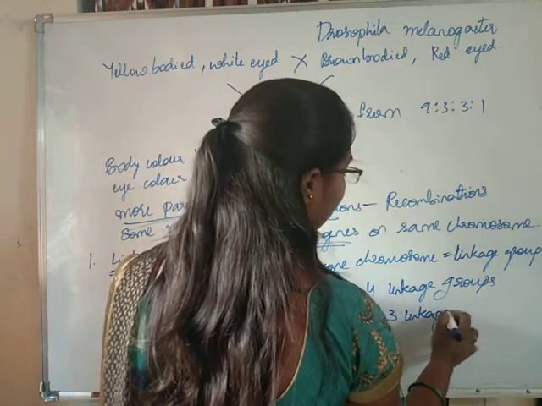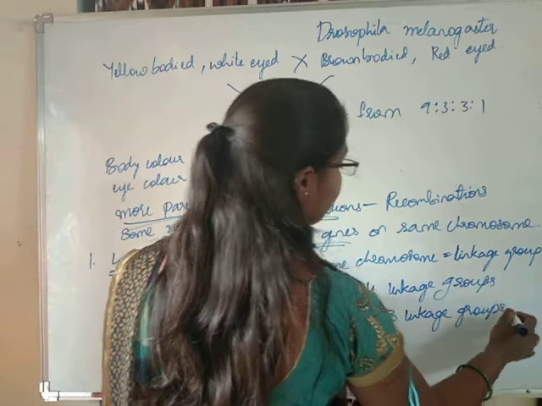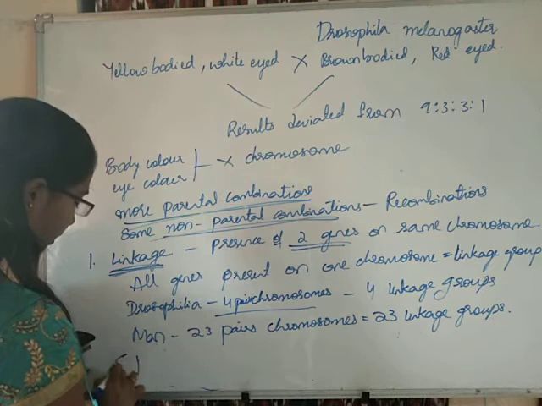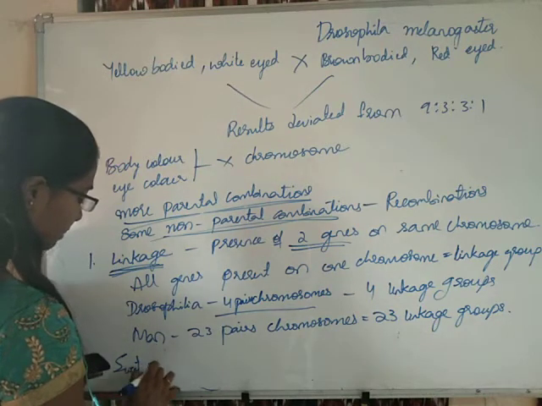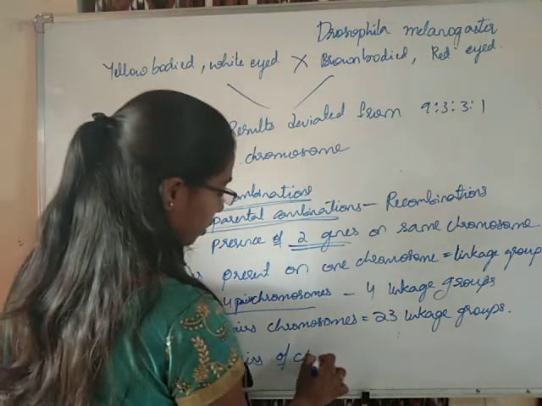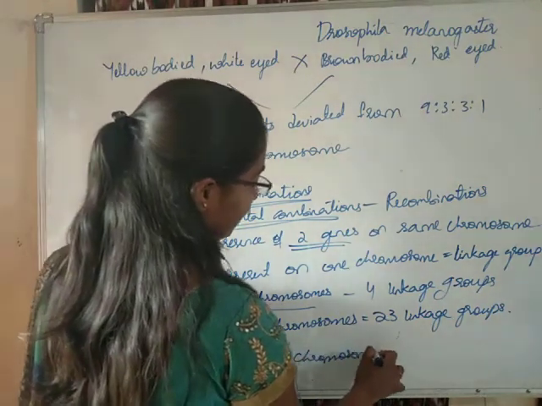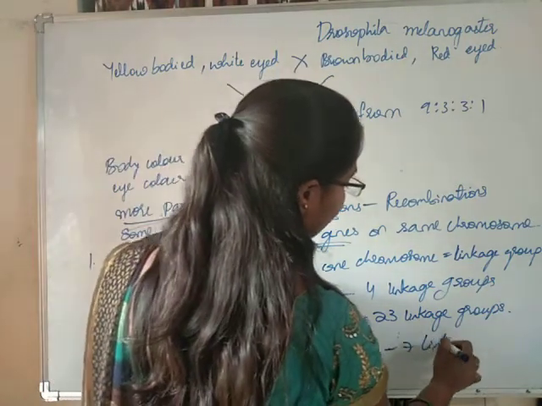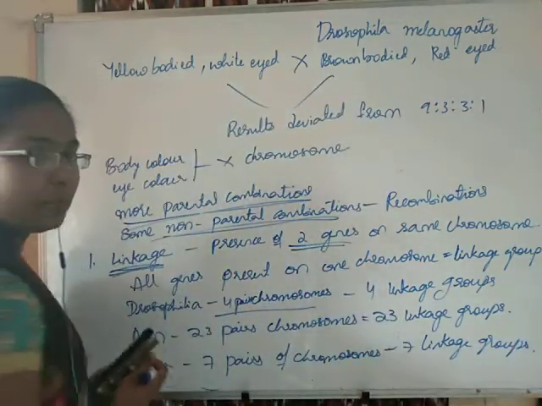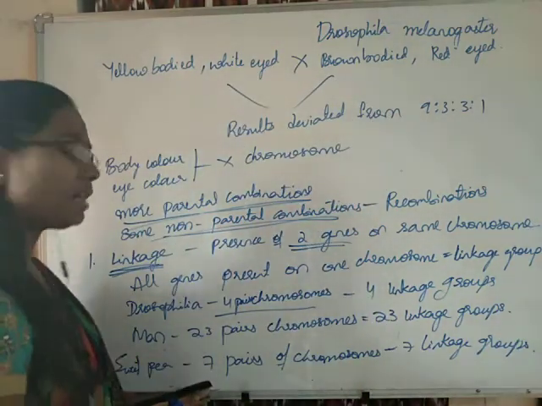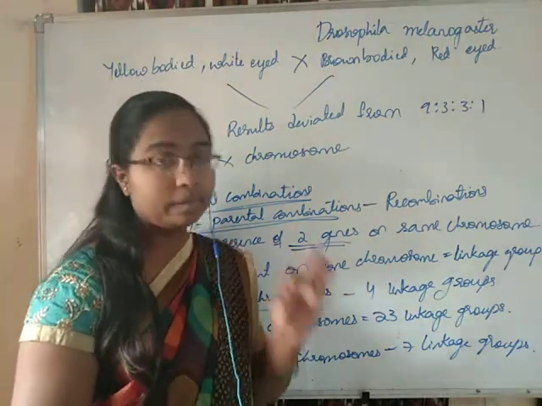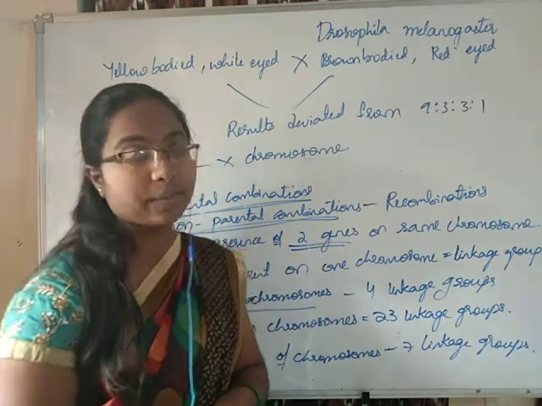If we take the sweet pea plant, there are 7 pairs of chromosomes, so there will be 7 linkage groups in sweet pea. In that way, as many pairs of chromosomes as there are, that many linkage groups will be present. Each chromosome will make up one linkage group.